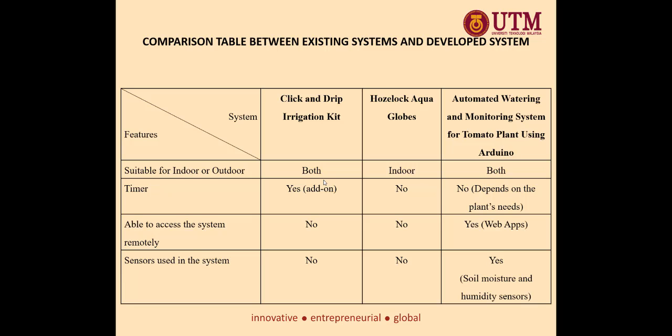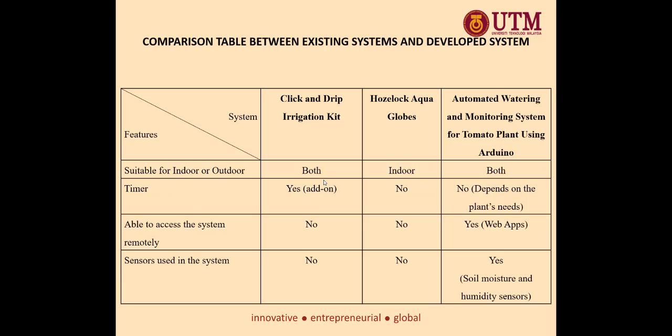And my automated watering and monitoring system will not have the timer, as it depends on the plant's needs, whether it needs to be watered or not. Able to access the system remotely. Both Click and Drip and Hauser Aqua Globes have no application that can be accessed remotely, while mine is able to access the system by using the web application.